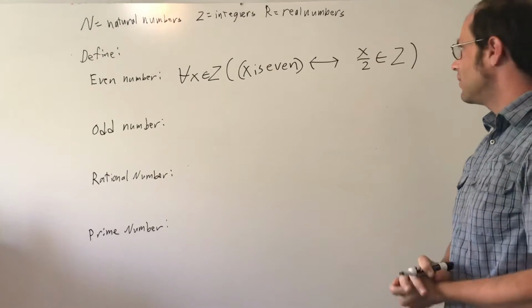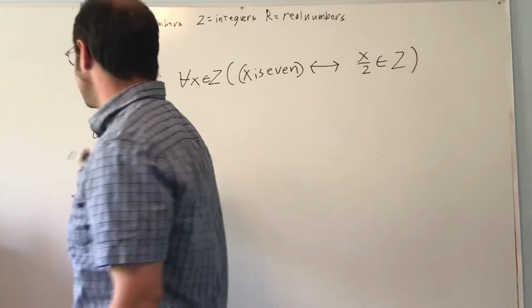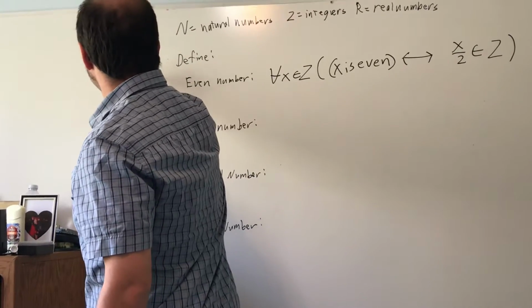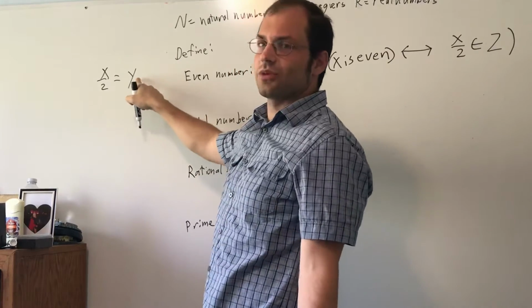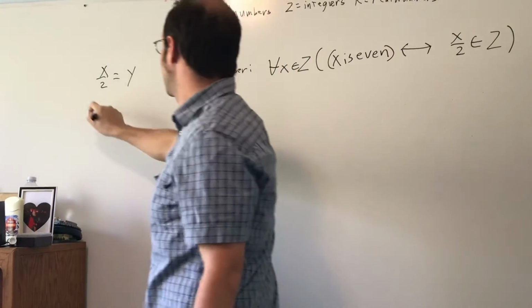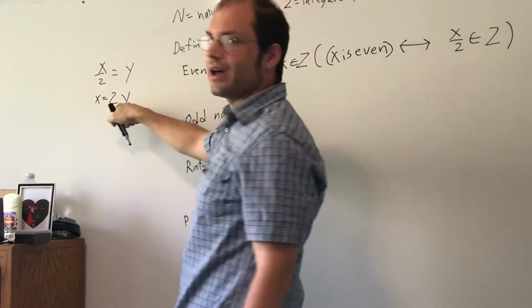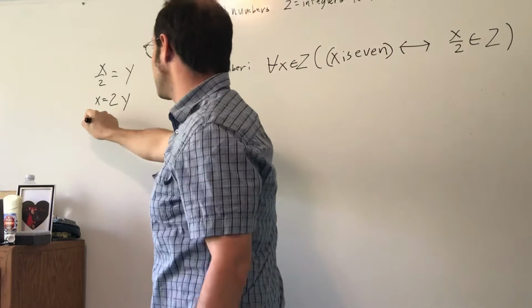Another way that you can think about it is you can do a little work off to the side and think about x over 2 being equal to some integer y. And that would mean that x is equal to 2 multiplied by y, where y is an integer.